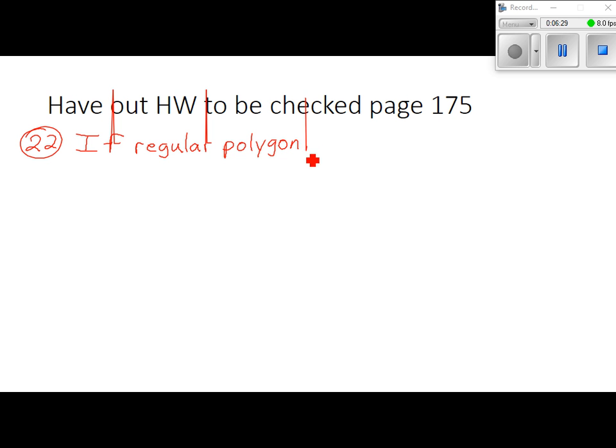The definitions test that we're going to be taking, guess what one of the terms on it is? A regular polygon. So you might want to listen closely now to make sure you know what a regular polygon is. What's it mean for a polygon to be regular?